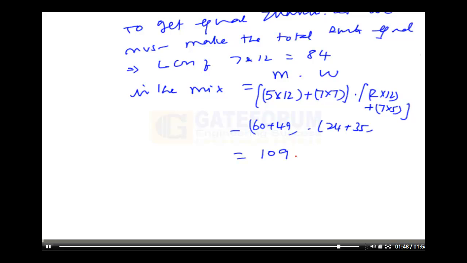So the ratio in the mixture is 109:59. The option is C.